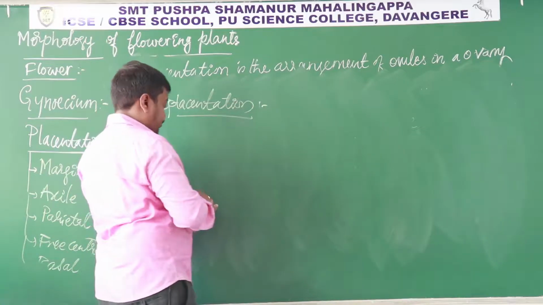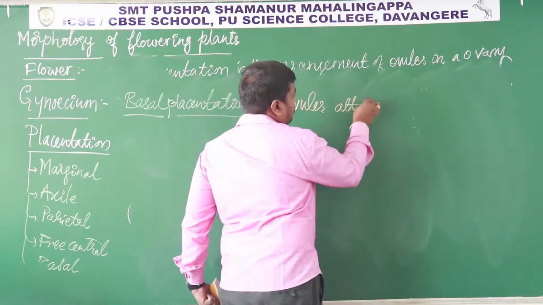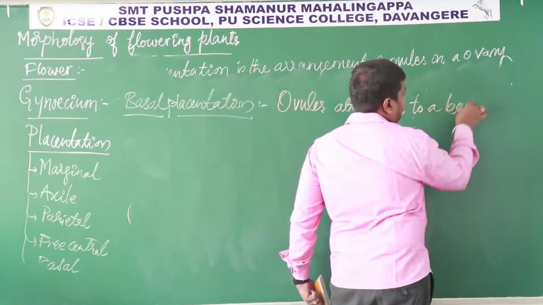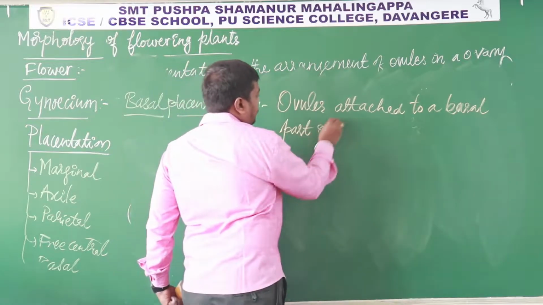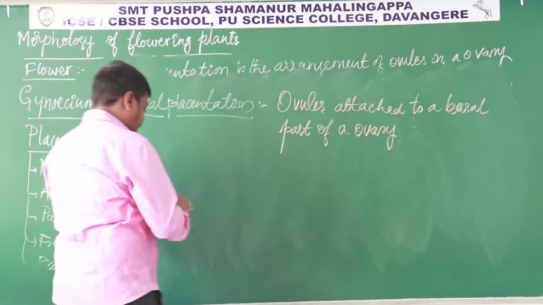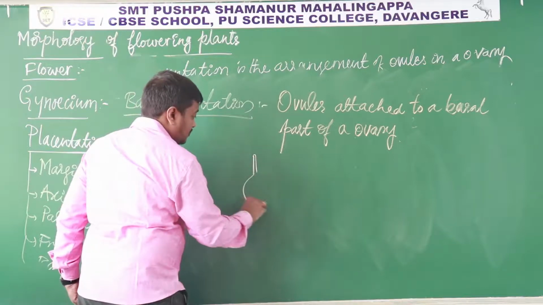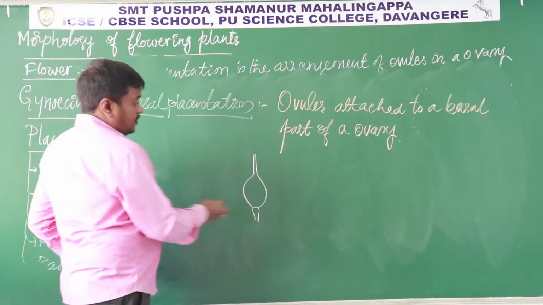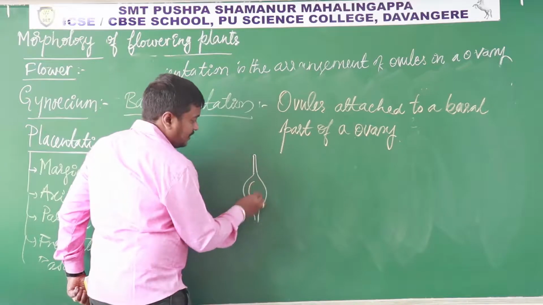So in basal placentation, ovules attached to a basal part of a ovary. Okay, so ಹೇಗಿರುತ್ತೆ ಅದು? Suppose if you consider this is the ovary, ಇದನ್ನ ovary ಅನ್ಕೊಂಡ್ರೆ, so this is the basal part of a ovary. So here ovules attached like this.